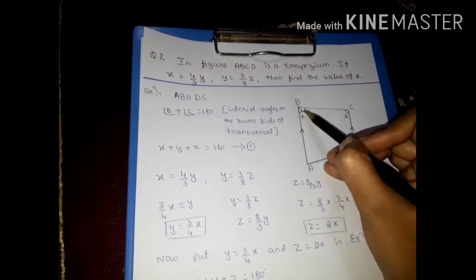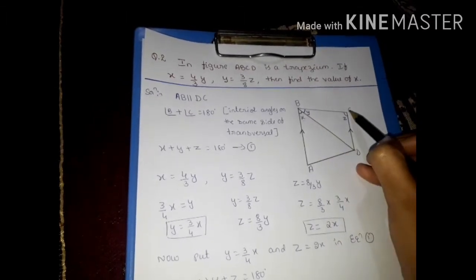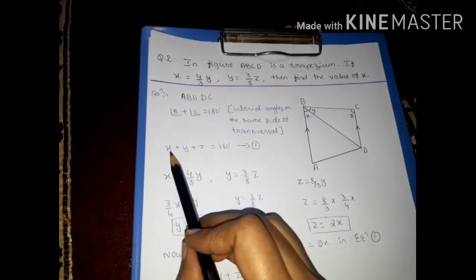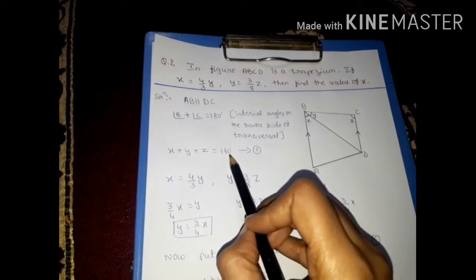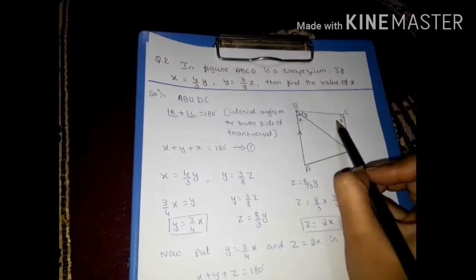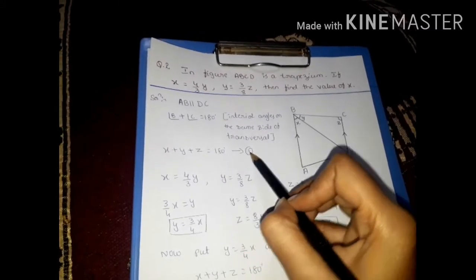So angle B can be written as x plus y, and angle C can be written as z. In the next step, x plus y plus z equals 180 degrees. Call this equation 1.